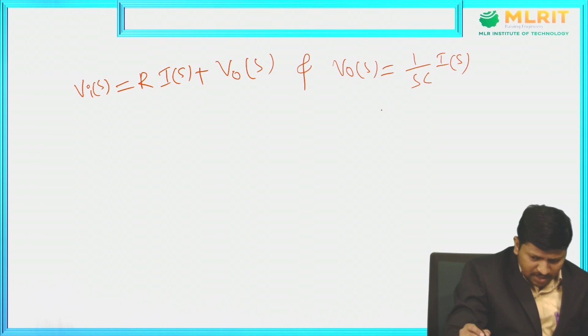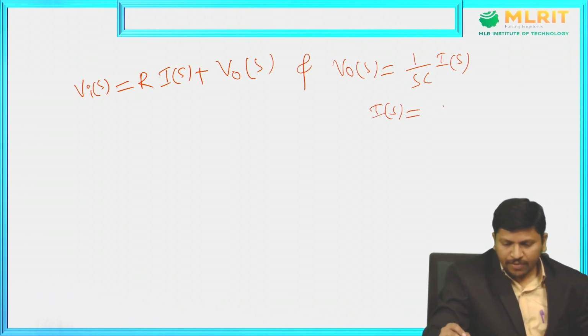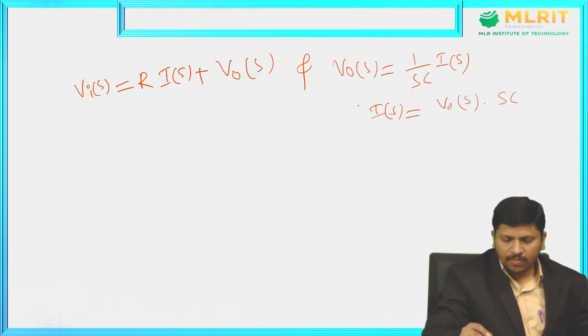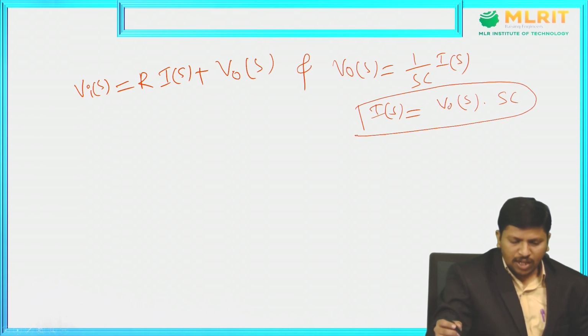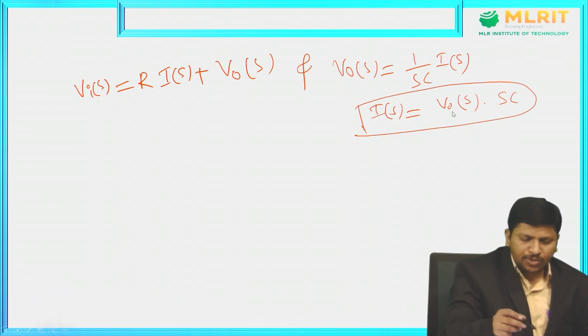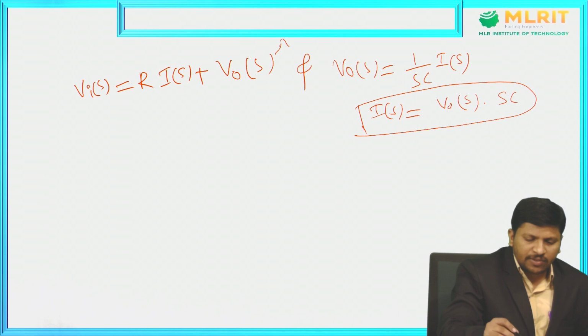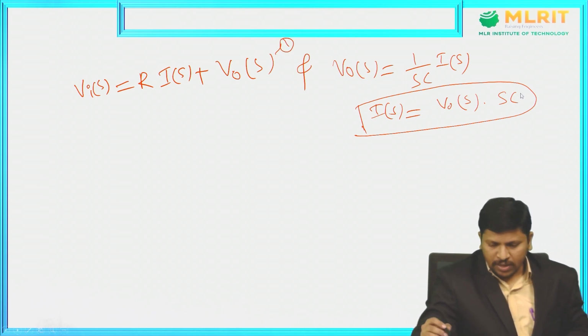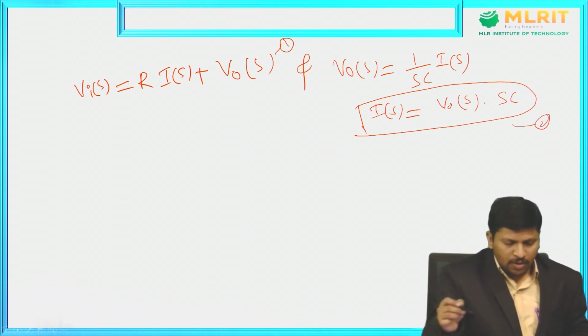From this, I of s equals V output of s into sC. Now substitute this I of s value in the other equation. For example, this equation is 1 and this equation is 2.